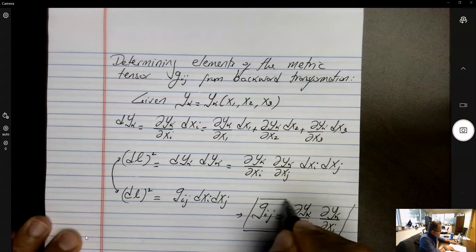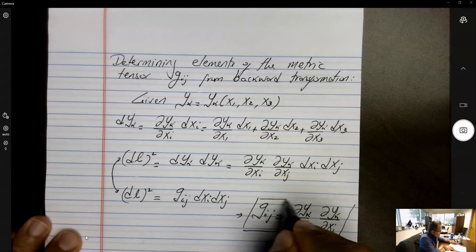So for example, to find the first element of the metric tensor g11, we will take dy1 with respect to x1, so differentiate dy1 with respect to x1, times dy1 with respect to x1, plus dy2 dx1 times dy2 dx1, plus dy3 dx1 times dy3 dx1.